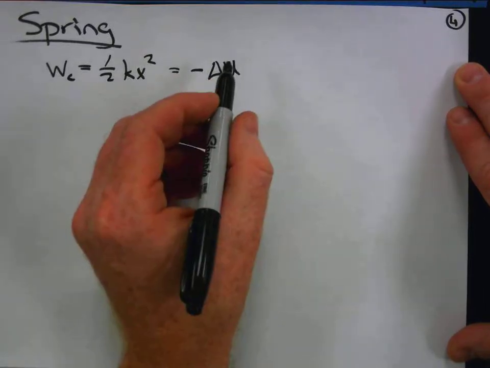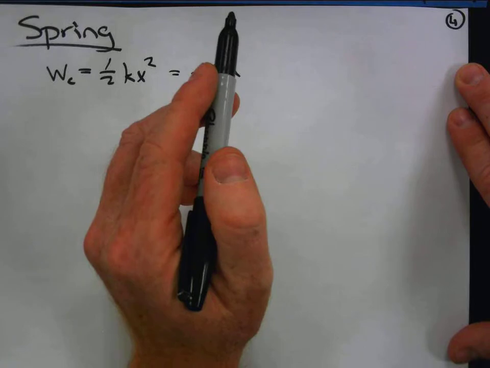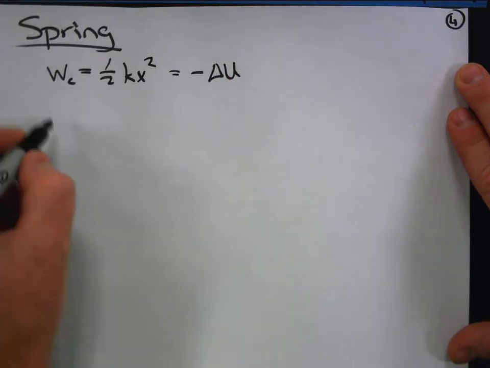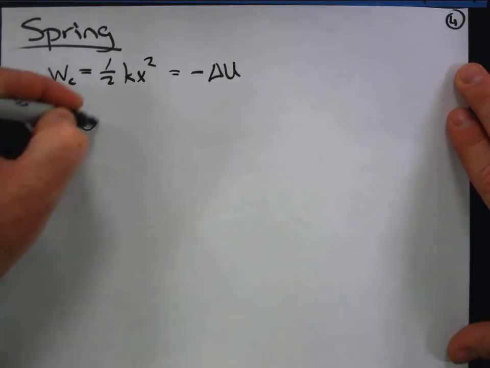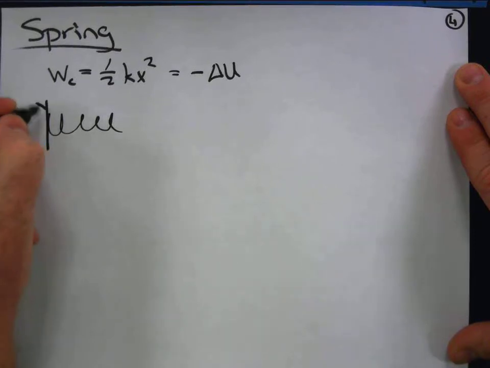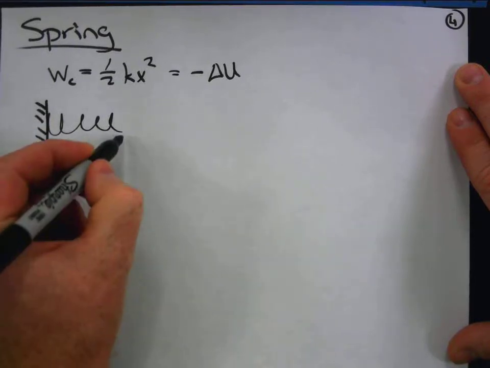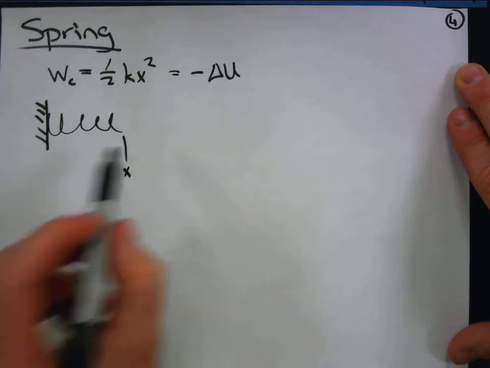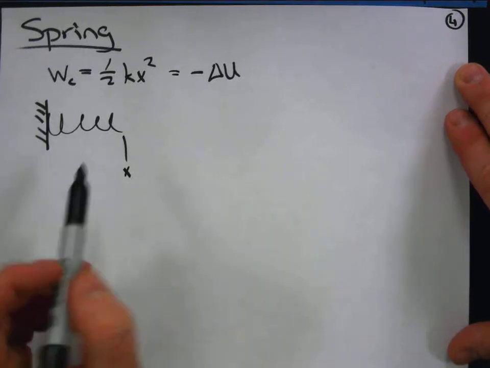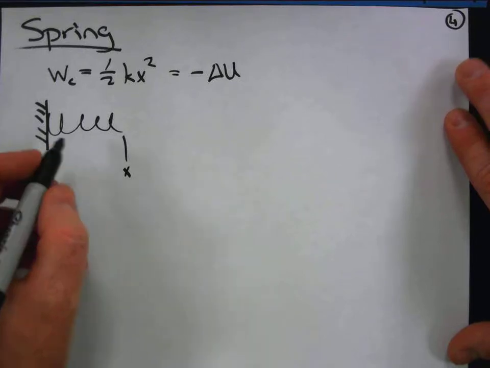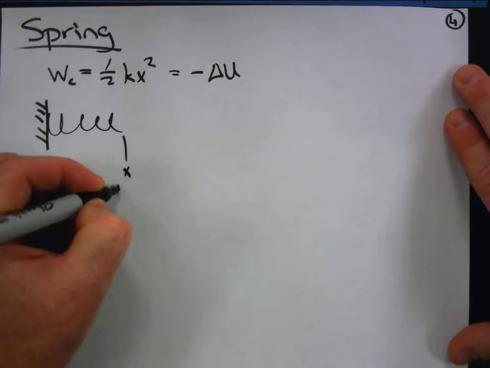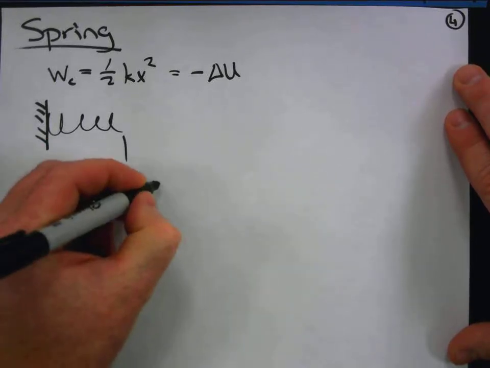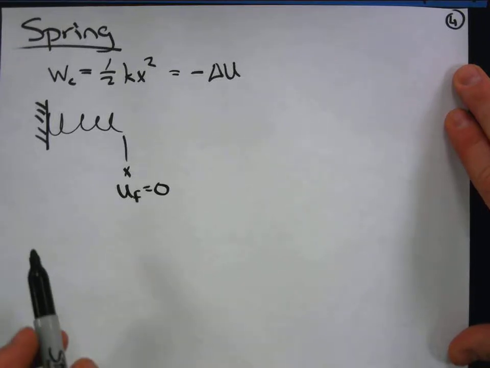So there's something that's often done where the spring is at equilibrium length. Okay, here's our beginning x. Equilibrium length. No compression, no stretch. Then that's usually where we will say our U final is 0. And the reason is this.